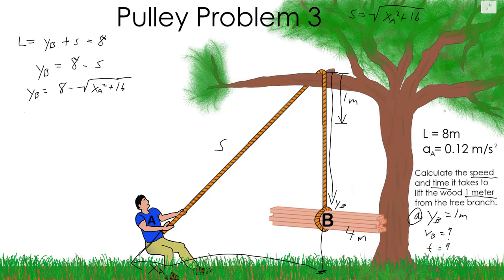So now we're going to get our velocity equation. We need to get that in the end. So we're going to do VB equals, so we take the derivative of 8, that's going to be a 0. Take the derivative of this, well, this is the same thing as 8 minus XA squared plus 16 to the 1/2.